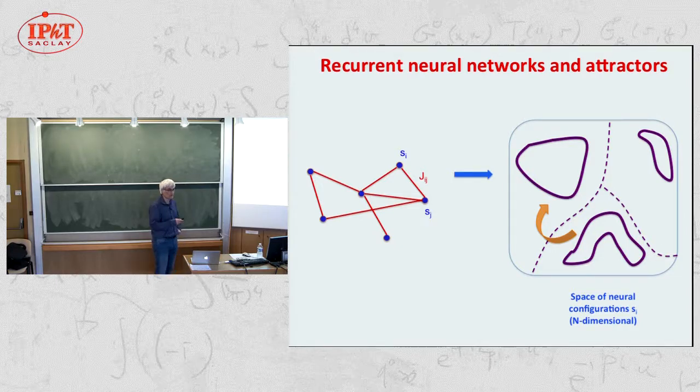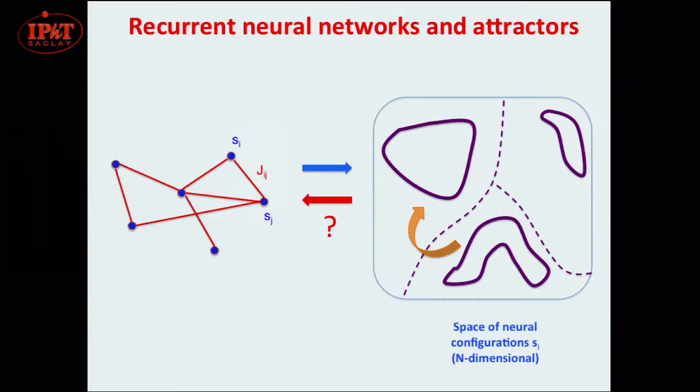That's an interesting statistical physics problem, and we'll see how this is done in experiments. And also, how do we select one particular basin of attraction with respect to another? How do the different inputs to the system, which define essentially the initial condition or some external drive, select the different attractors? So this is what I want to talk about, and show you also different kinds of experimental techniques and experimental results on this aspect.